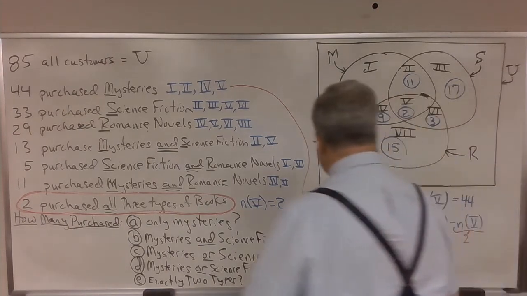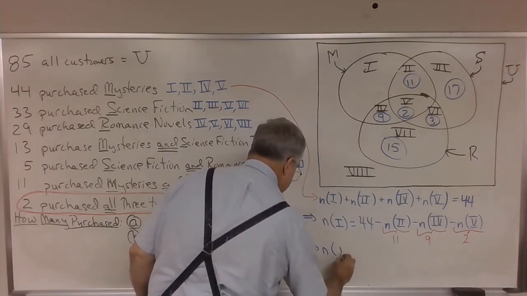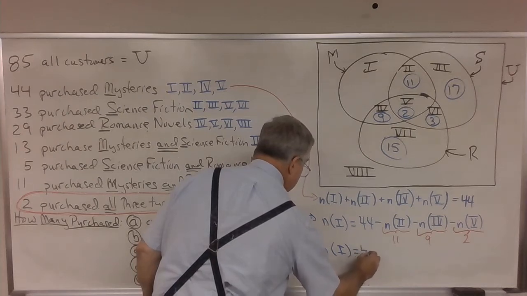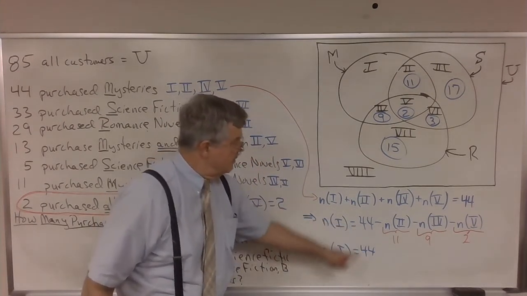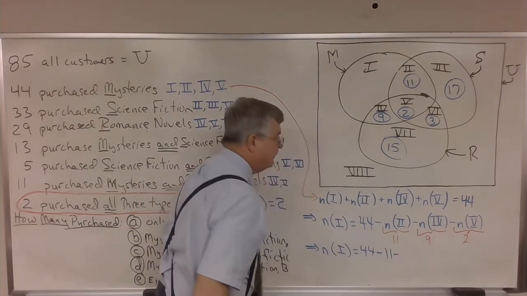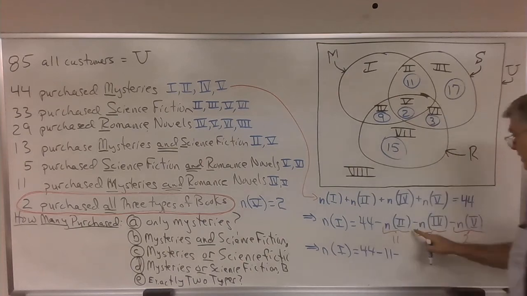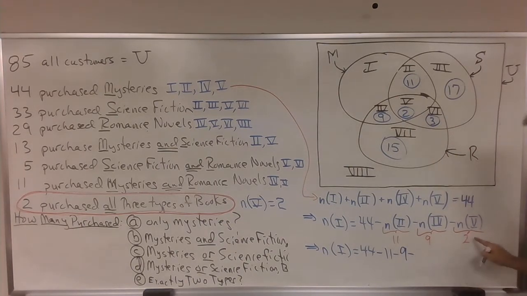Okay. So number of people in region 1 is 44 minus 11 minus 9 minus 2.